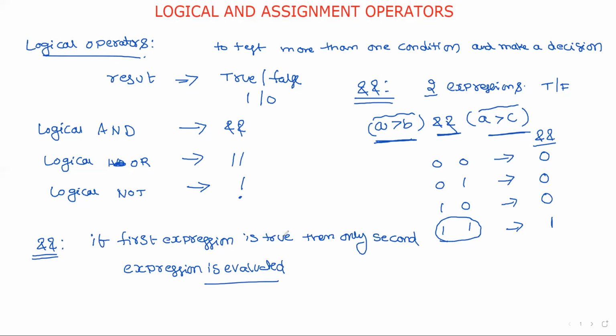Otherwise, if the first expression is false, the second expression is not evaluated. Why? If the first expression is false, whether the second one is true or false, the answer is false, so no need to evaluate. Suppose first is 0, if the second is either 0 or 1, the result is 0. If the first one is true, then only the second one is evaluated. If the second one is false, the answer is false. If the second one is true, the answer is true. This is the most important case.